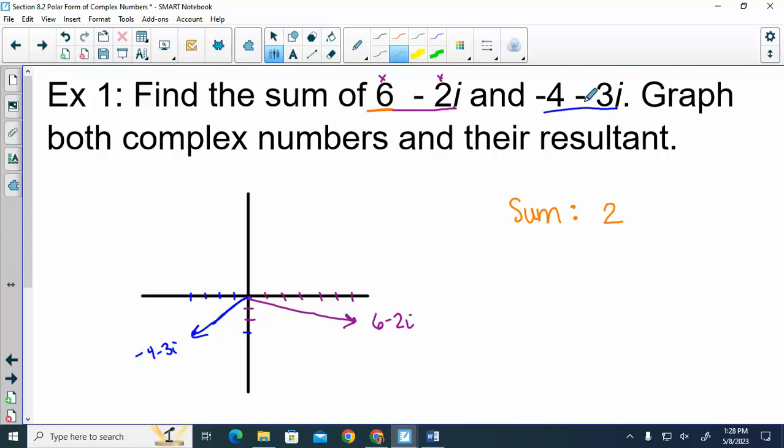So 6 plus negative 4, if you add the real numbers, you get 2. Negative 2i and negative 3i. So the sum, or the resultant, is positive 2, negative 5.